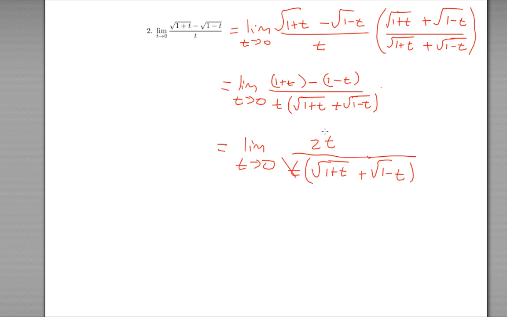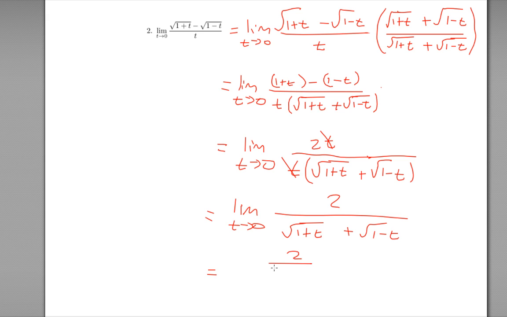This t cancels out with this t, which gets rid of our problem when we want to plug in t. So this ends up being the limit as t goes to 0 of 2 on the top divided by the square root of 1 plus t plus the square root of 1 minus t. So now we can plug in t equals 0 because there is no problem. When we plug in t equals 0, we get 2 over 1 plus 1, which is 2 over 2, which is just 1.